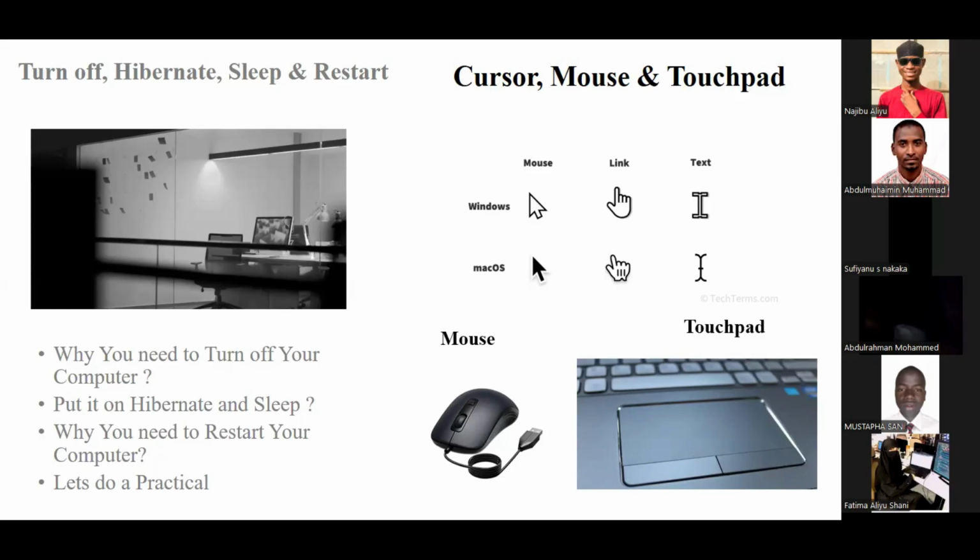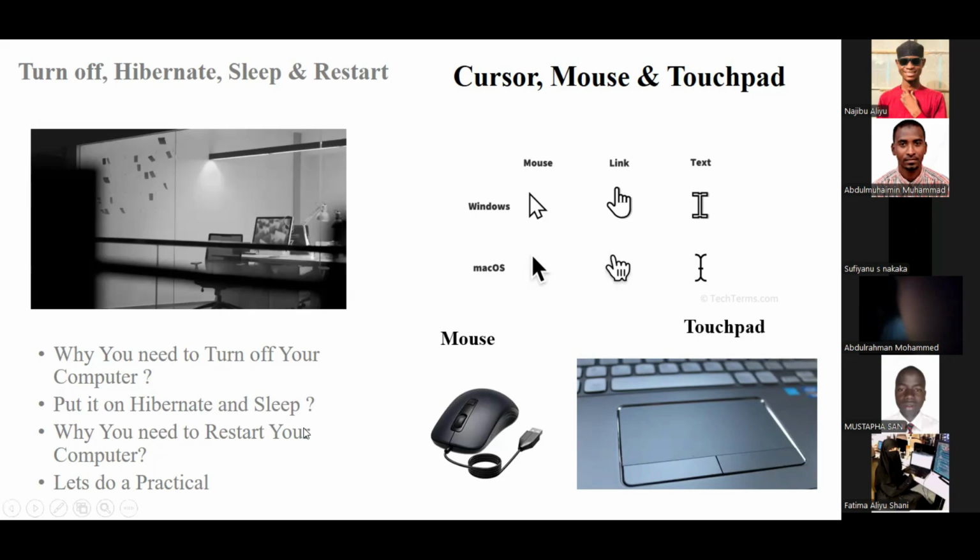And as in the case of the mouse, we have the left click and the right click on the touchpad. The left click is the left part of the click area available on the touchpad, and the right click is the rightmost part available on the touchpad.